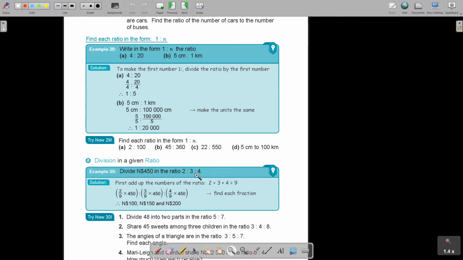So that is where I add up these ratios, and I get 9. And this person will get 2/9 of that 450. This will get 3/9 of the 450, and that one will get 4/9 of the 450. And that is division. But then they will give you the total.